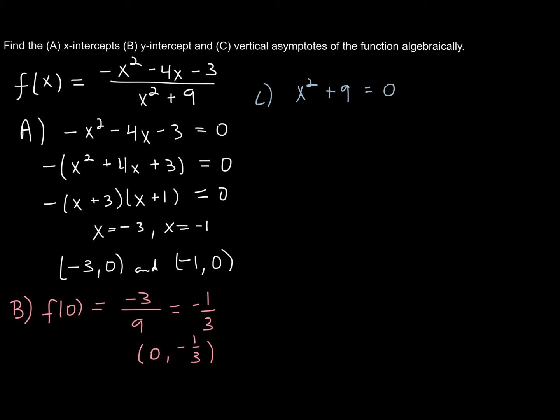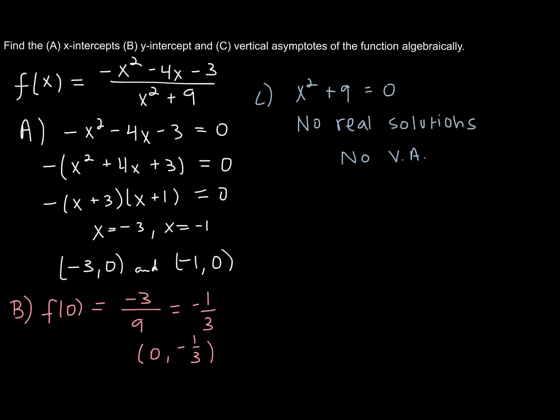And hopefully you identify visually that this quadratic equation has no real solutions, since something squared will always be positive, and a positive plus a positive will never be 0. So no real solutions, and therefore there are no vertical asymptotes.